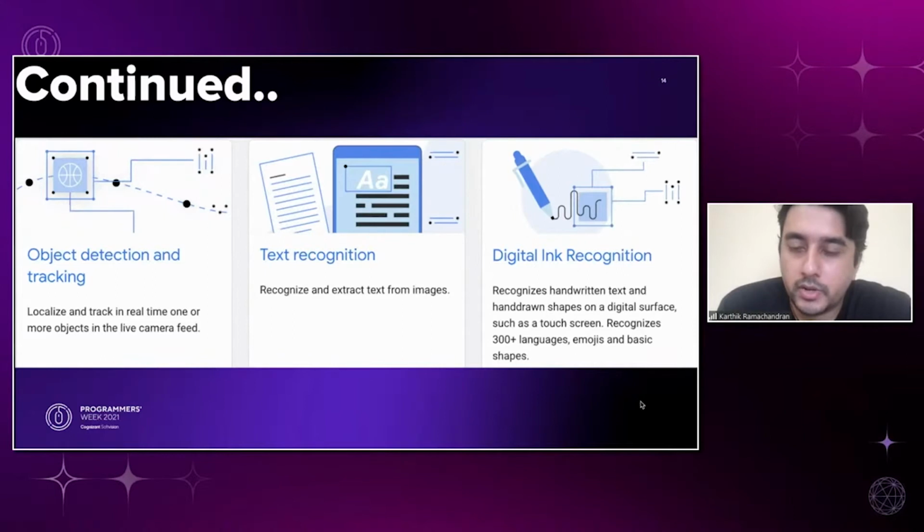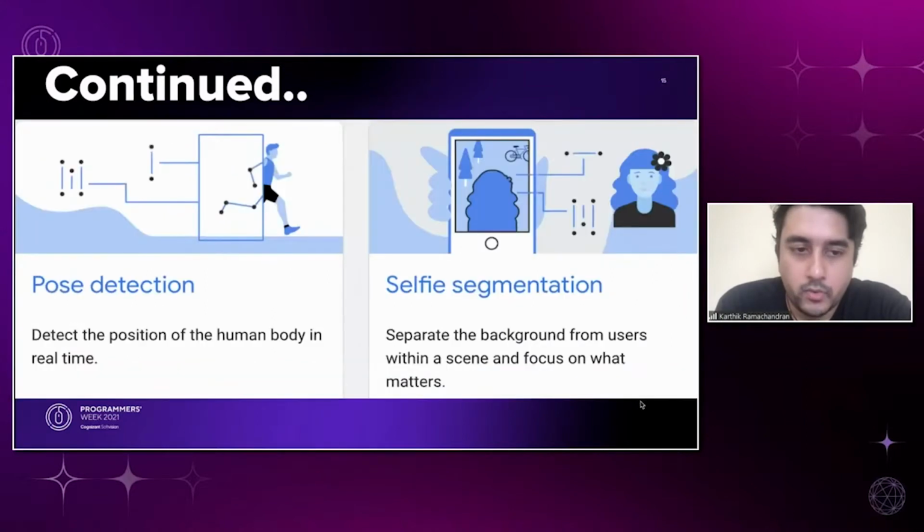And digital ink recognition is for handwriting: if you write something on your digital surface, it will get detected. These are already being used in a lot of Android apps, especially digital ink recognition and also text recognition.